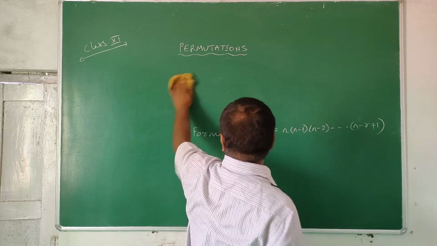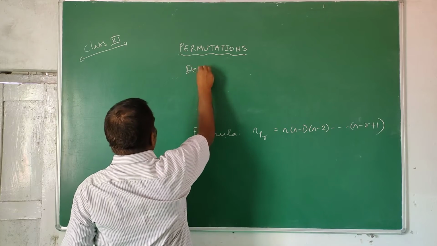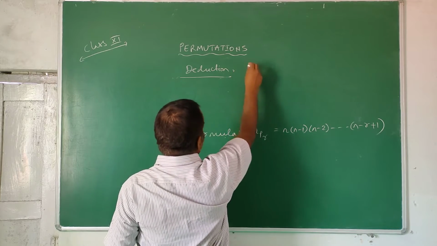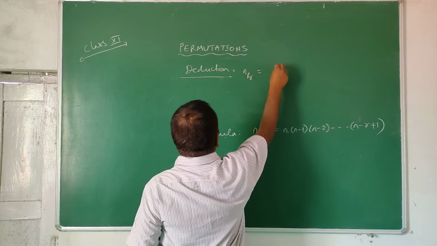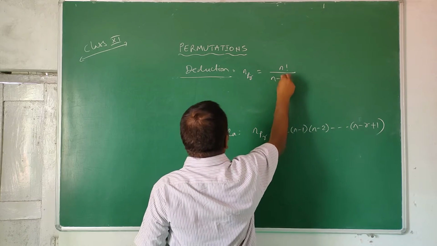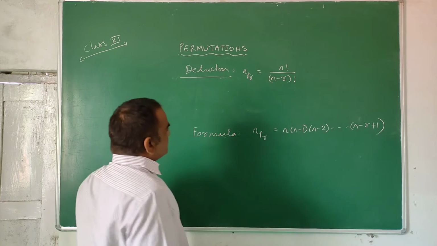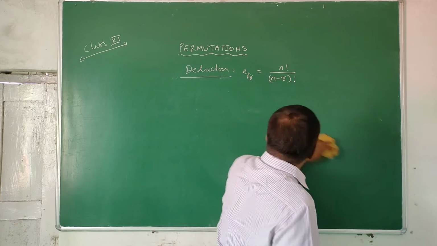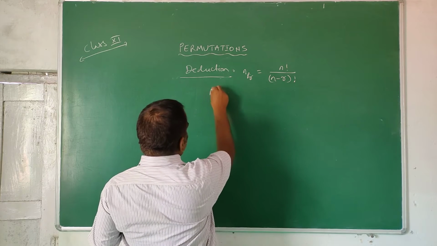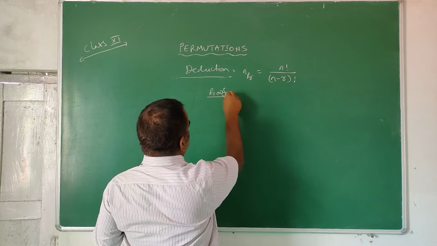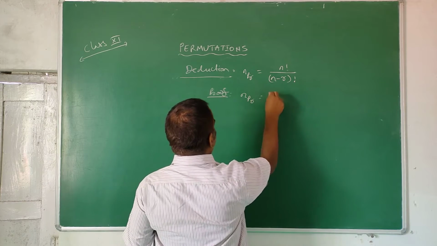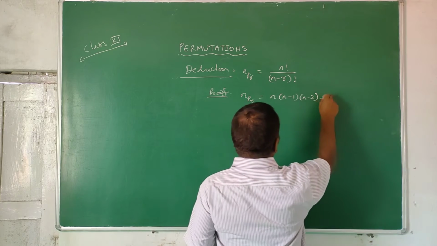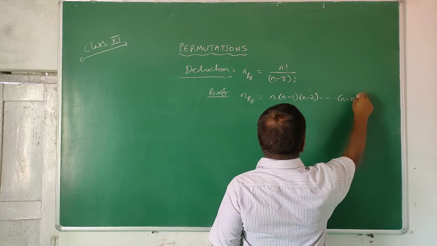Now we are going for a deduction: nPr equals n factorial by (n minus r) factorial. How will it go? You see, by definition we know that nPr equals n into (n minus 1) into (n minus 2) and so on up to (n minus r plus 1).